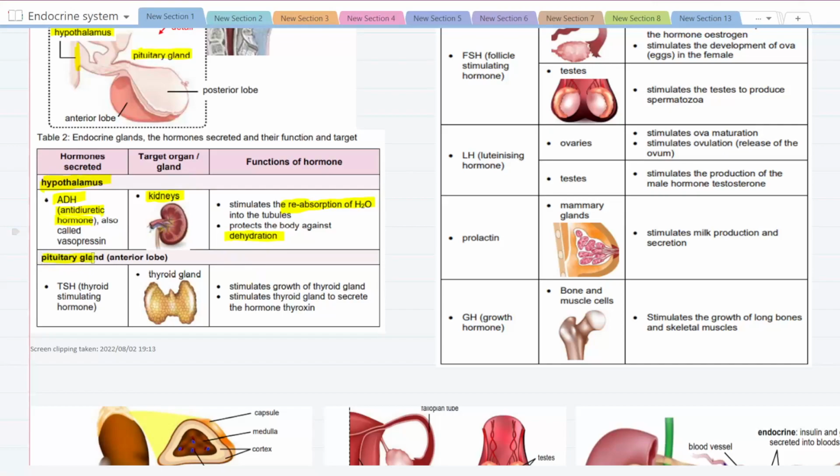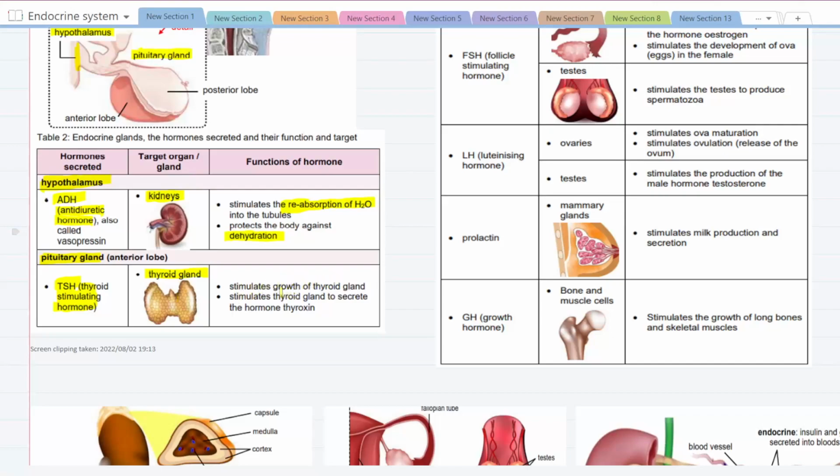And then you also have your pituitary gland, which is responsible for secreting TSH. And your TSH, your thyroid stimulating hormone, it's self-explanatory because it is going to stimulate the thyroid gland, and this thyroid gland will be now your target gland. This is the structure of the thyroid gland found just at your voice box or your trachea, which is your windpipe.